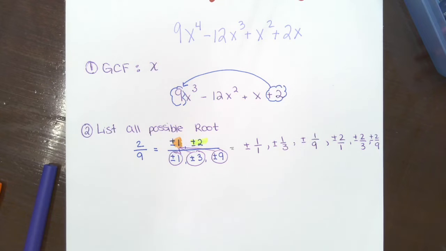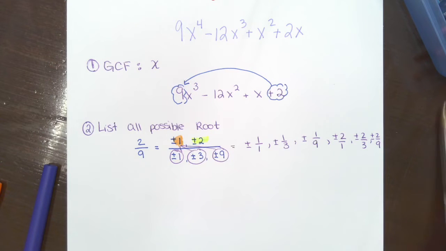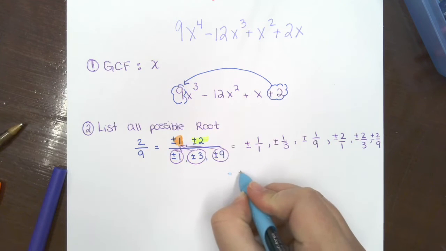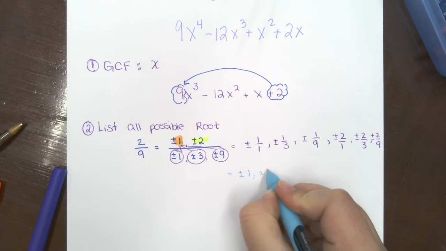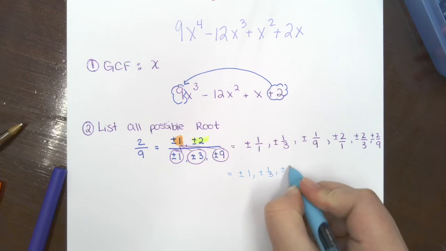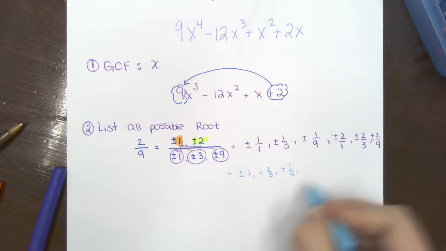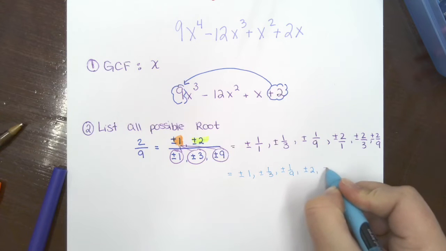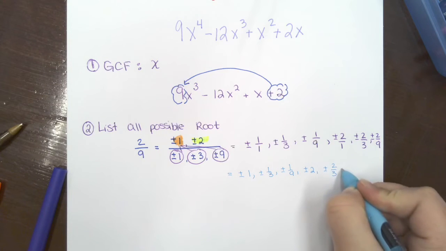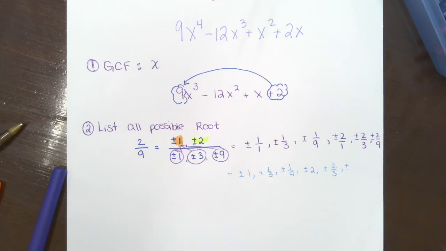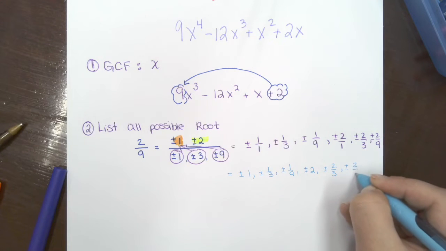Now you're not there yet. You still have to go back and simplify these fractions, because writing 1 over 1 is a little silly. So we got plus or minus 1, plus or minus 1/3, plus or minus 1/9. 2 over 1 is just 2, plus or minus 2/3, plus or minus, can we simplify that? No, we cannot. We got 2 over 9.